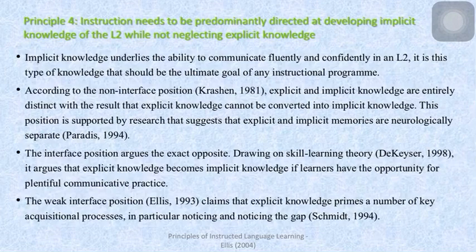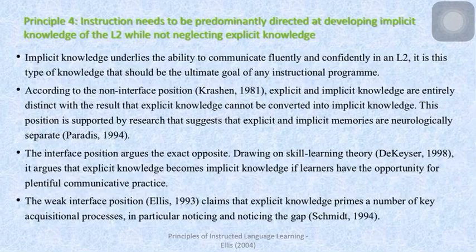The fourth principle: instruction needs to be predominantly directed at developing implicit knowledge of the L2 while not neglecting explicit knowledge. Implicit knowledge underlies the ability to communicate fluently and confidently in an L2. It is the type of knowledge that should be the ultimate goal of any instructional program.